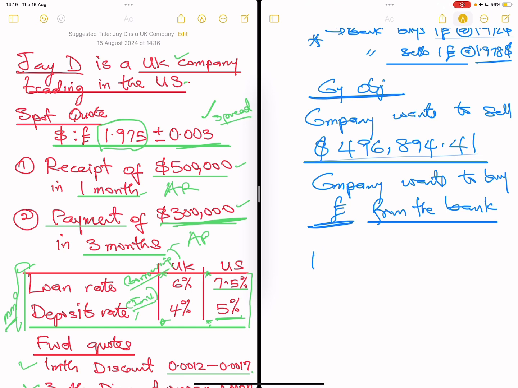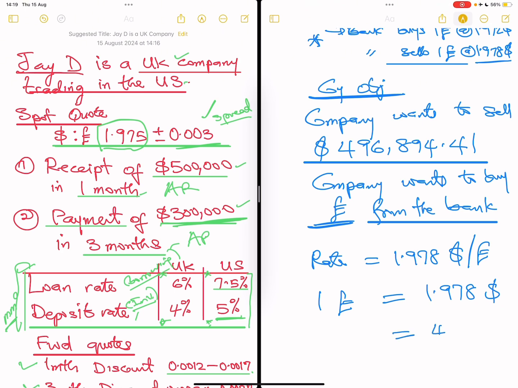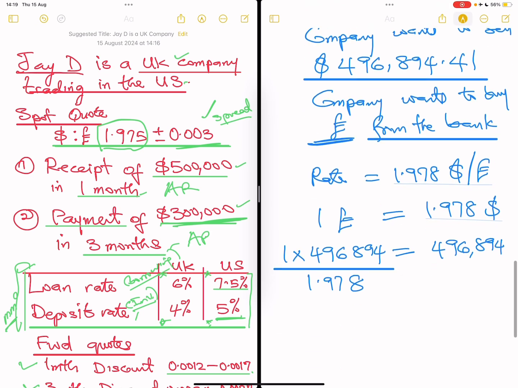So the rate is $1.978 for £1. So now we know £1 is equivalent to $1.978, and we are dealing with 496,894. So this will be 1 times 496,894 divided by 1.978, and that gives us in pounds how much we will get.